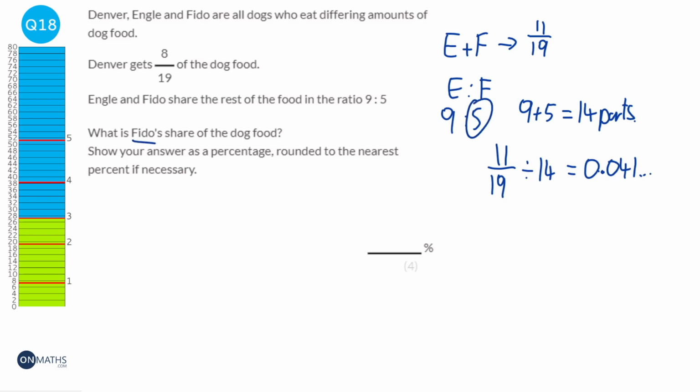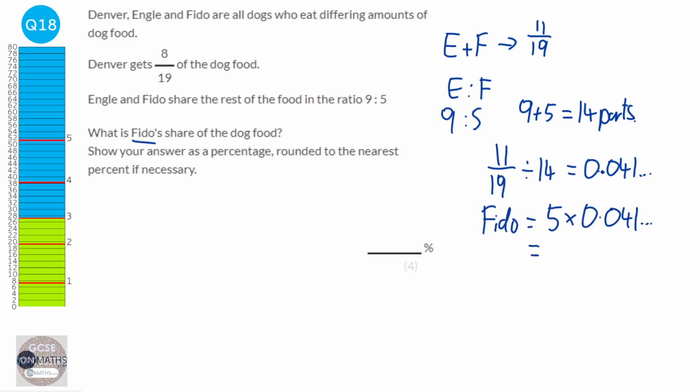Well, Fido has 5 parts, each of them worth 0.041 and so on. I've kept it in my calculator to keep the accuracy. And when I do that, I get 0.206 and so on. Now we're asked to work it out as a percent, so I'm just going to times that by 100.